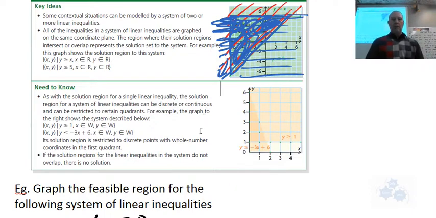If one of them is all real numbers and the other one is just whole numbers, let's say, then you can't shade everything, and the solutions would be just the dots that represent the whole numbers. So you have to watch for that as well. These ones are both whole numbers. You can shade the region, but make sure that you specify that only the whole number solutions in that region would be possible solutions.